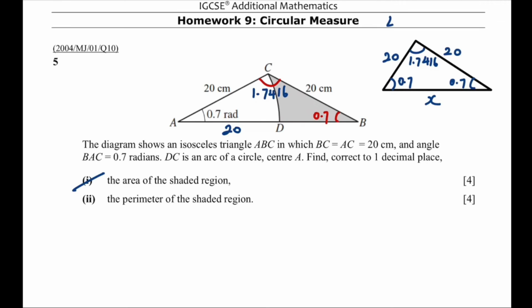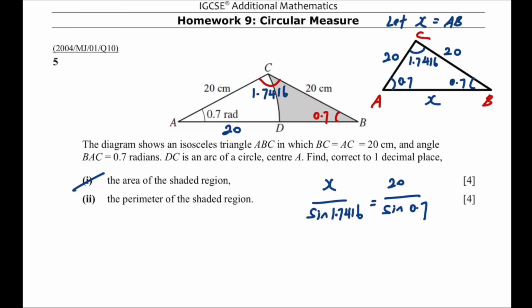So I let x equal to AB. Okay, so to find AB, x over sine 1.7416 equals 20 over sine 0.7.